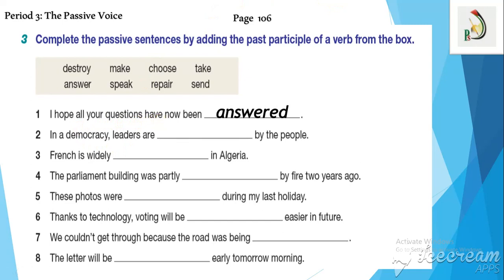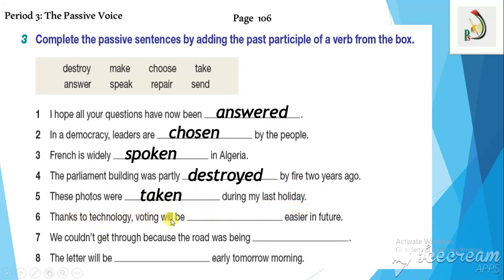In a democracy, leaders are chosen by the people. French is widely spoken in Algeria. The parliament building was partly destroyed by fire. These photos were taken during my last holiday.